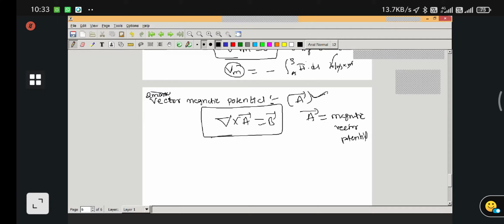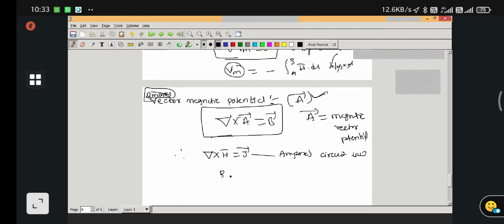Vector magnetic potential: the mathematical statement. Curl of A equal to B. Since we know curl of H vector equal to J vector, this is nothing but Ampere's circuital law.